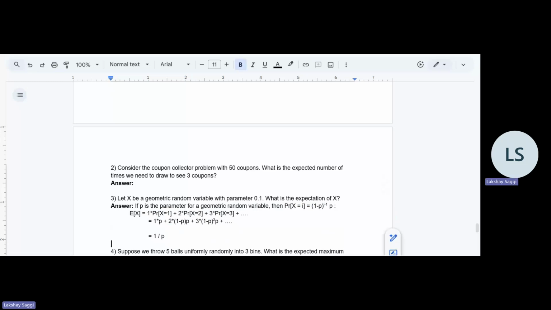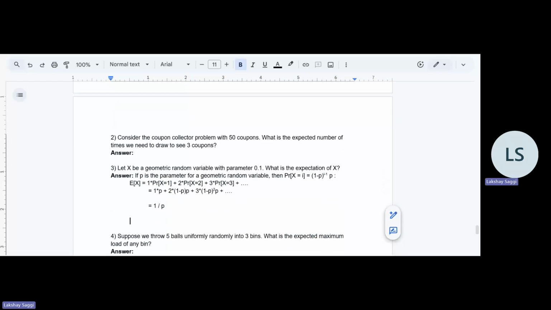So essentially, for any geometric random variable with parameter p, the expectation of X is just equal to 1 over p.